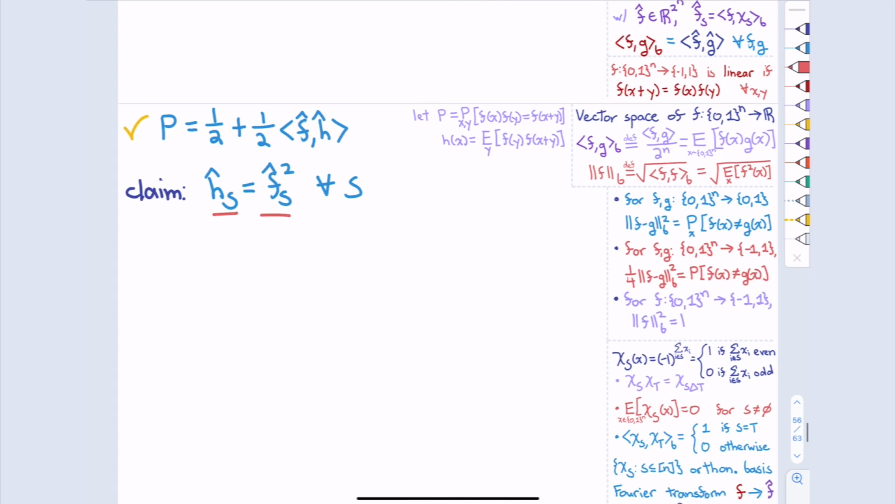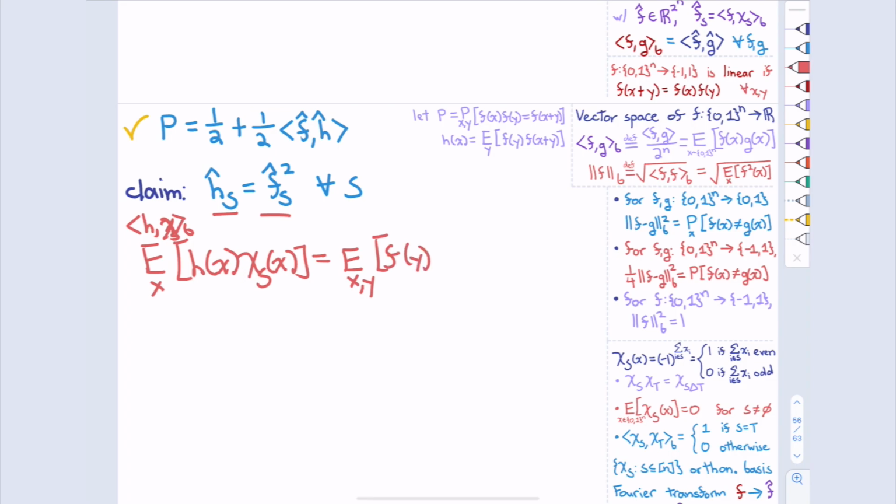Okay, let's see why. I just have some calculations written down and we'll see where it goes. So this is h hat of s, the inner product of h with chi s. If we expand out what h is again, we get the expected value over x and y of f of y, f of x plus y, times the standard basis function chi s of x.